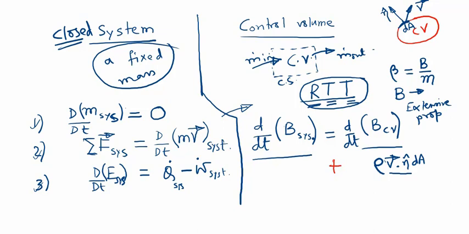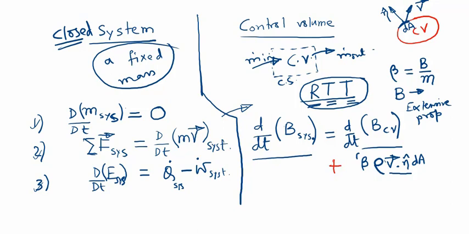V dot eta cap multiplied by that area is the volume flow rate that is going out, multiplied by the density is the mass flow rate that is going out, and if you multiply that with beta, because beta is the property B per unit mass, then you can find out how much of that property is going out within that mass.